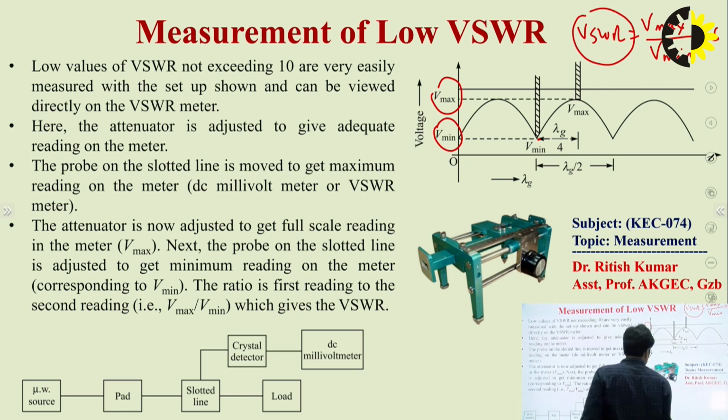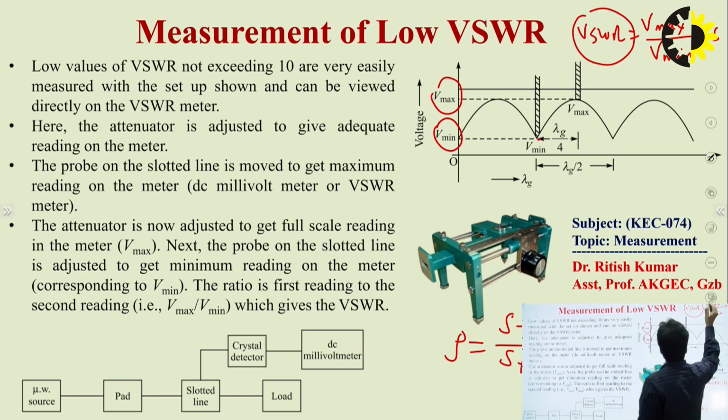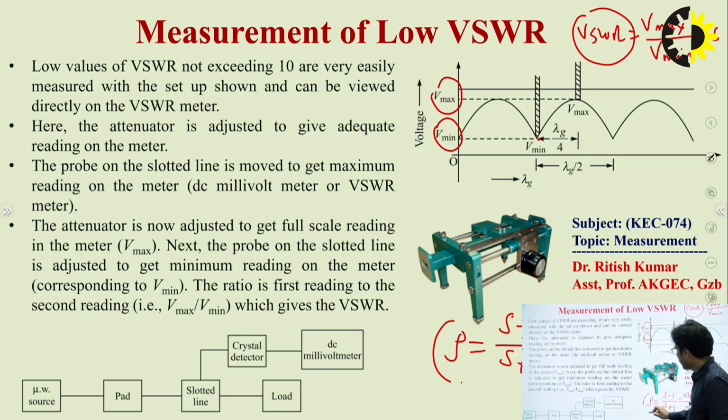So the reflection coefficient rho is equal to (S minus 1) upon (S plus 1). Here you can also write (VSWR minus 1) upon (VSWR plus 1). If you get the value of VSWR, then you will be able to get the value of the reflection coefficient.